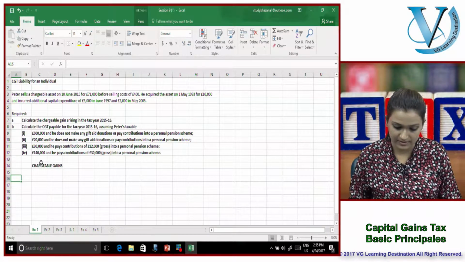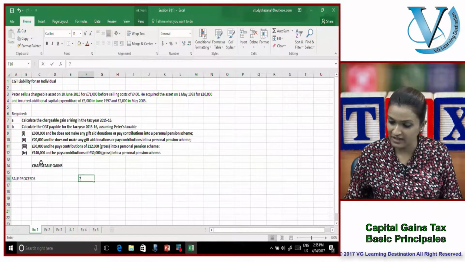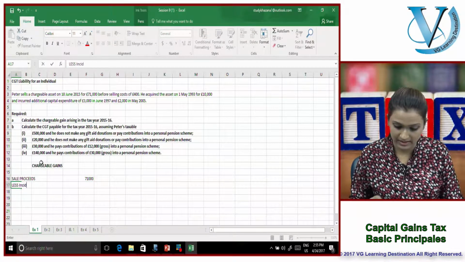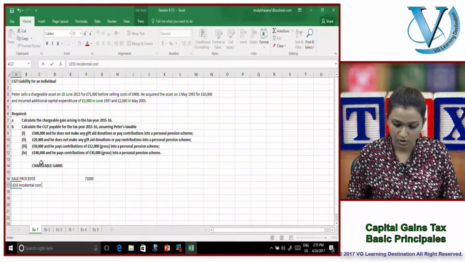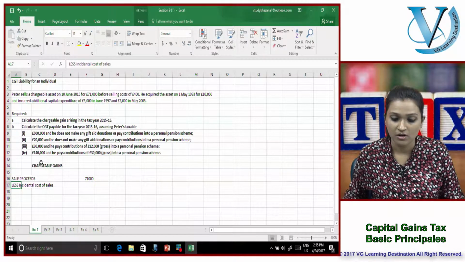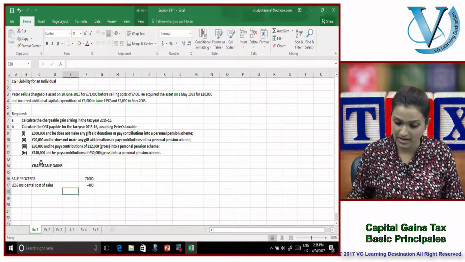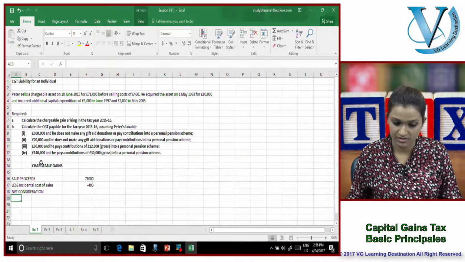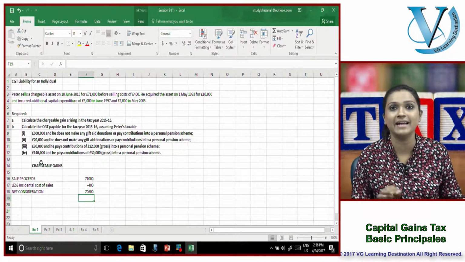The sale proceeds are sold off for £71,000, less incidental cost of sales being how much? £400. I arrive at my net consideration of £70,600.